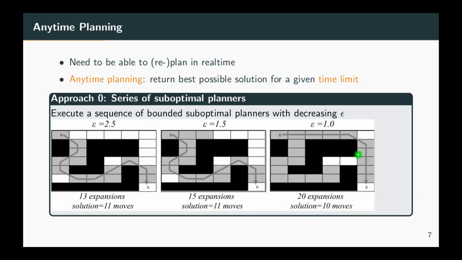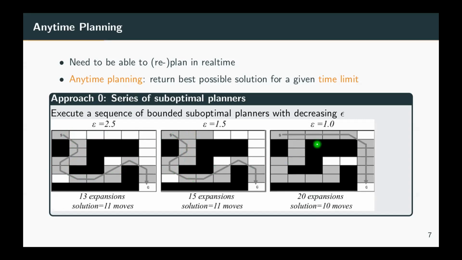Maybe that we repeat computations that we already did before. Exactly. So I think in this image you can see it quite nicely: the cells that we expand are marked in gray, right? In the first iteration, we expand these cells. In the second iteration, we basically expand the same cells and 2 additional ones.